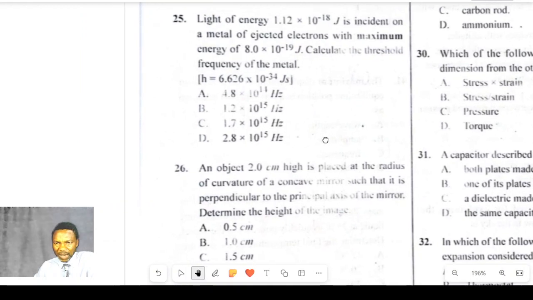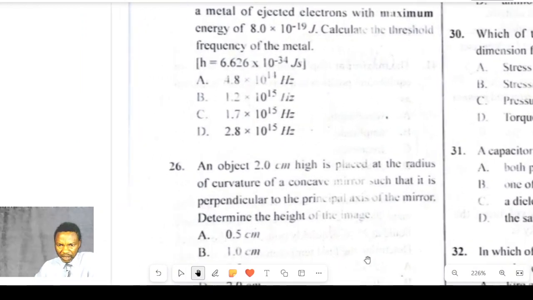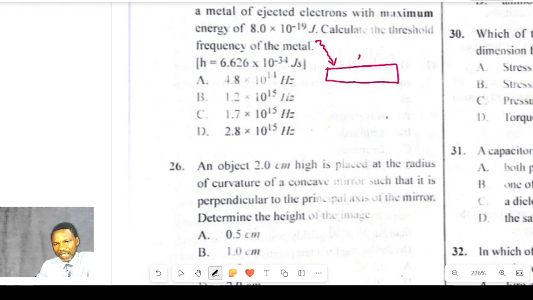So if you want to calculate this, what are we interested in here? You have a photon incident on a metal surface. So this is the incident ray, and then electrons are ejected.